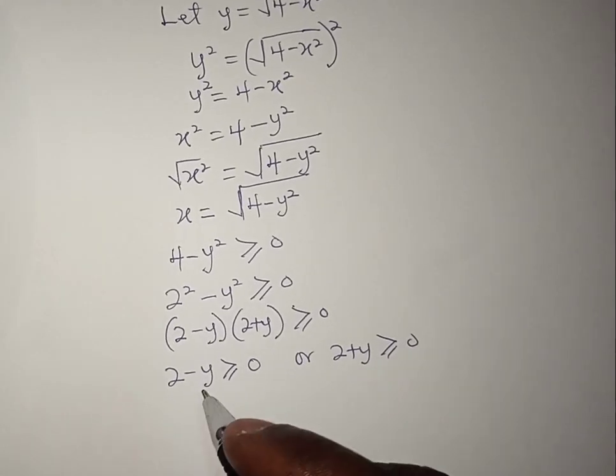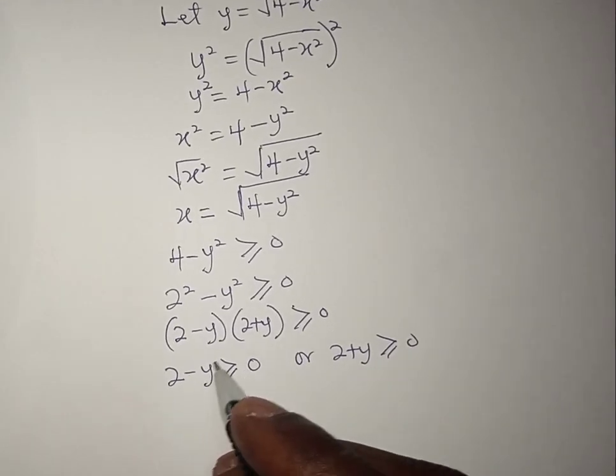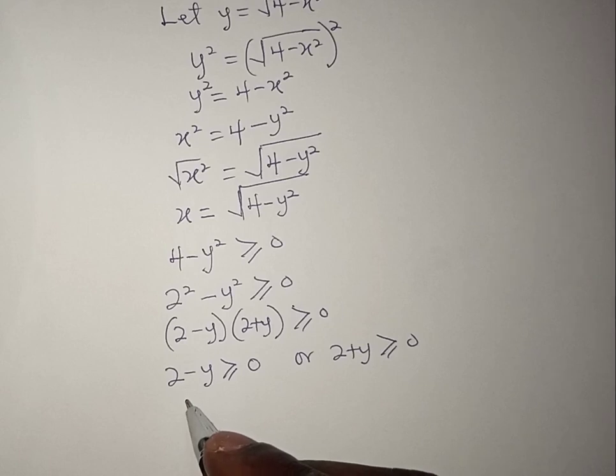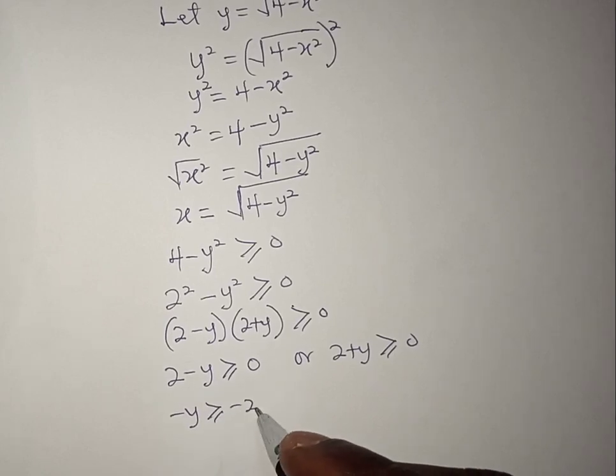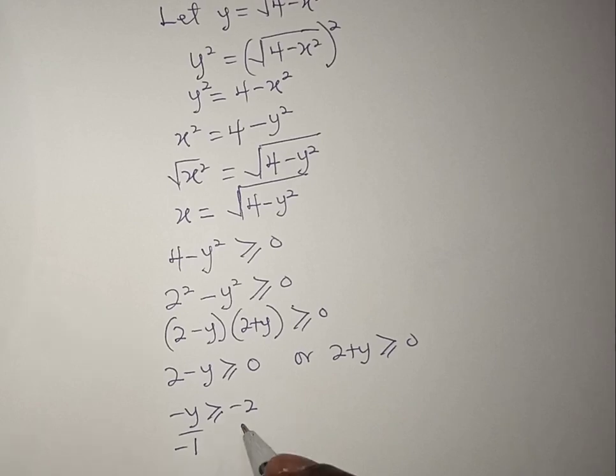Here I can write negative y greater than or equal to negative 2, and dividing both sides by negative 1, the sign has to change.